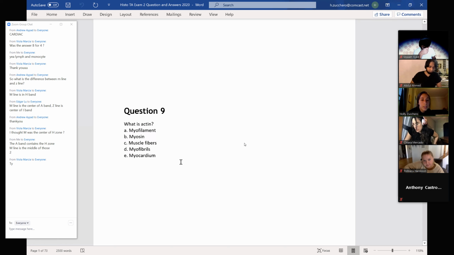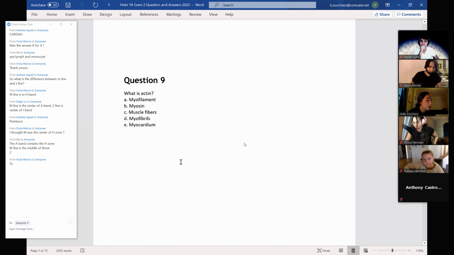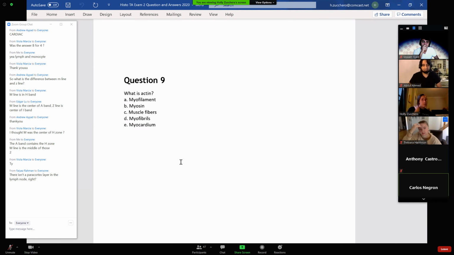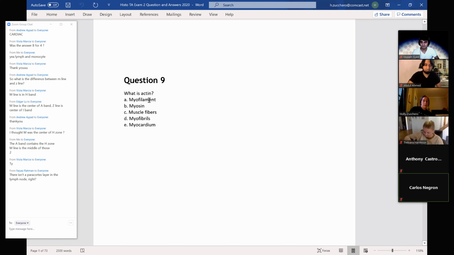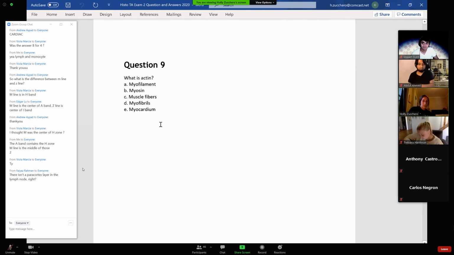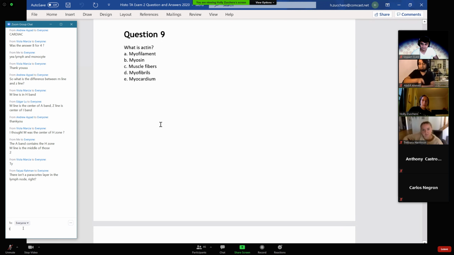All right, so what is actin? Who wants to yell that one out? A. Myofilament. Yeah, it's a myofilament. It can't be myosin. They interact with each other. The rest of those just really didn't make sense. This is a very easy question.